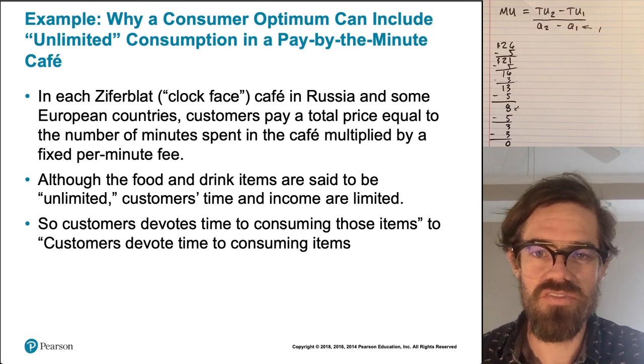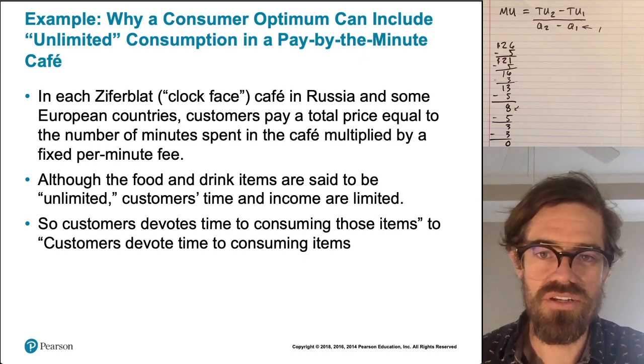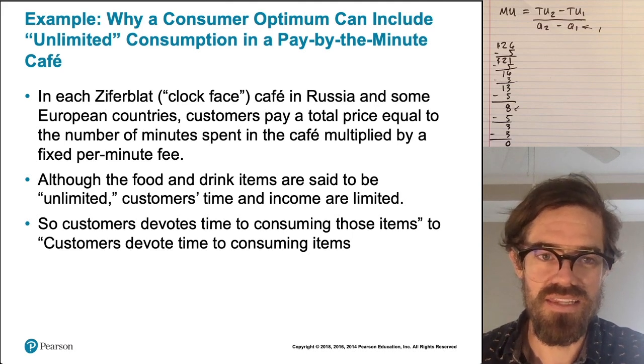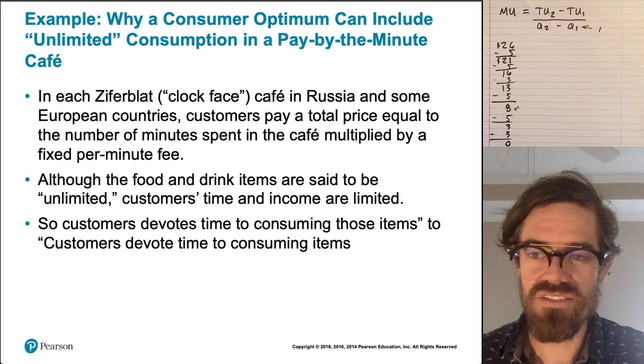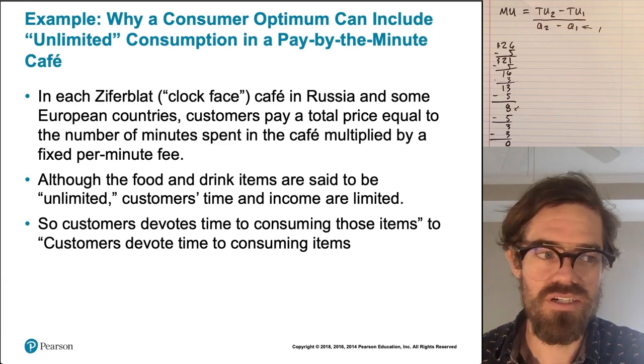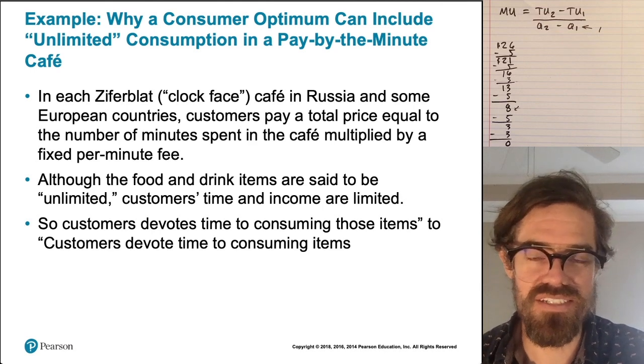Think about an all-you-can-eat buffet. This is kind of like the same thing. How is it that all-you-can-eat buffets don't go out of business and lose money? Well, it's because they charge enough money so that on average, each consumer doesn't eat them out of business, basically, right?